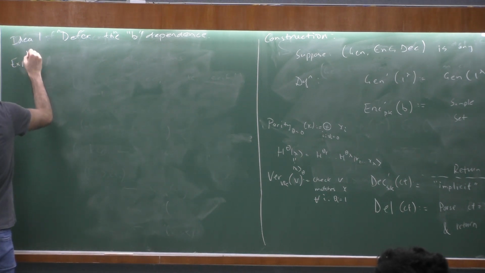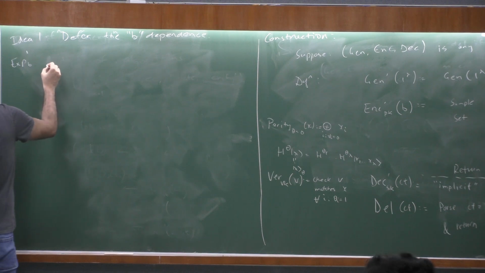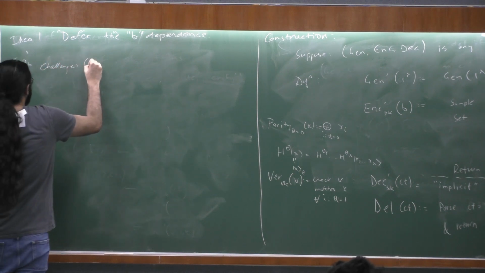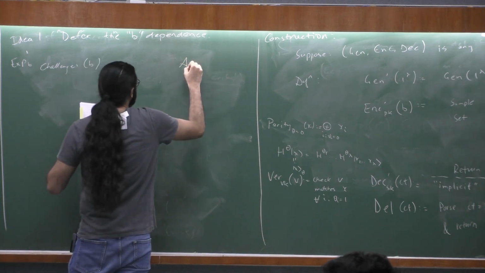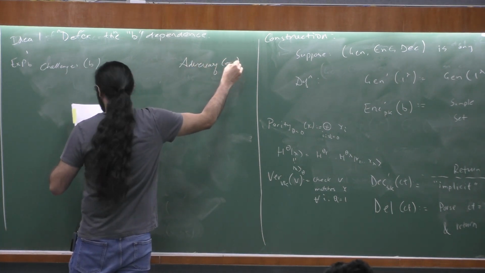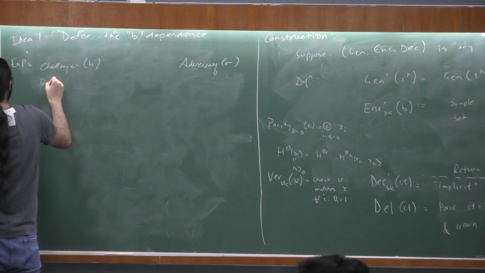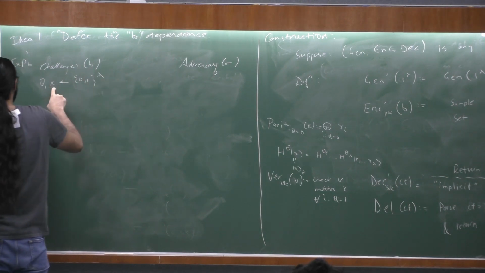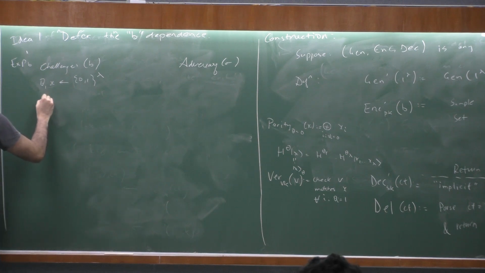So this is experiment 1, B. Here we'll have the challenger again with B, and then there's the adversary with sigma. And the challenger is going to sample x and theta as before. Now this is the new step.